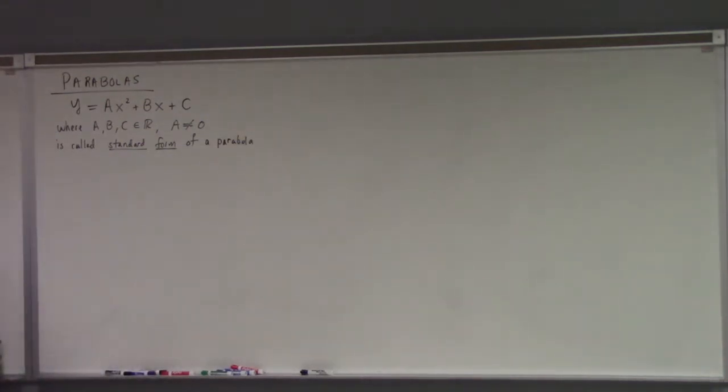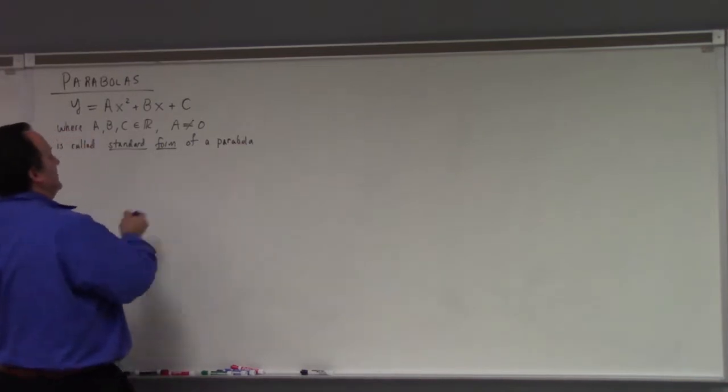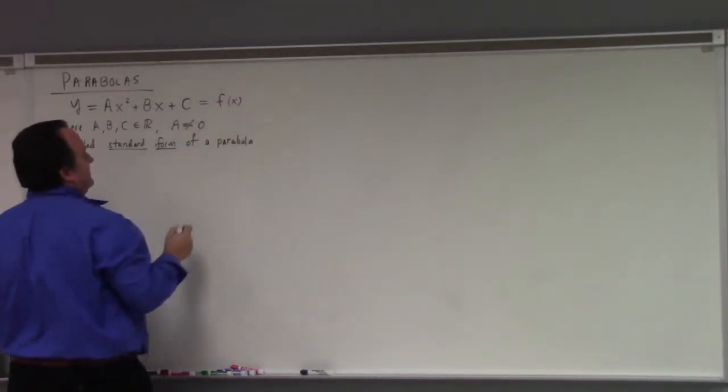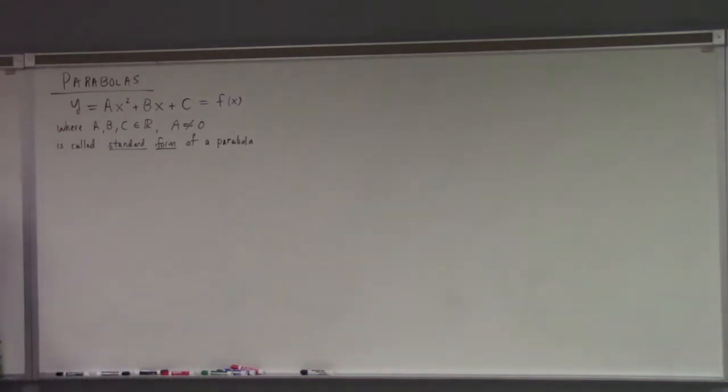To be more specific, if I'm thinking of this as a function and say this is equal to f of x, then my function is a quadratic function. A quadratic function is a function whose formula is given by a quadratic polynomial. The graph of these things are parabolas, all right?